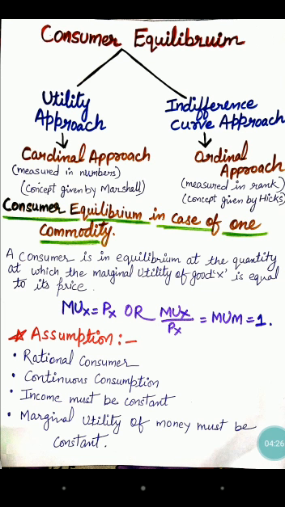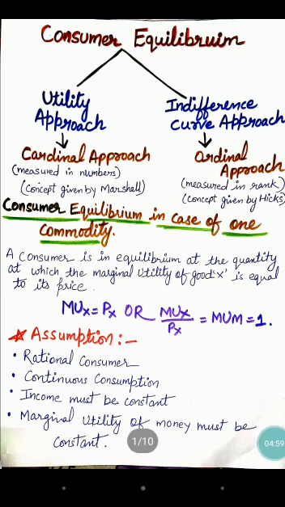So in case of one commodity, the consumer gets equilibrium when the marginal utility of commodity X equals the price, or we can say MUX upon PX equals the marginal utility of money, MUM, equals 1. And MUM is the worth of money.